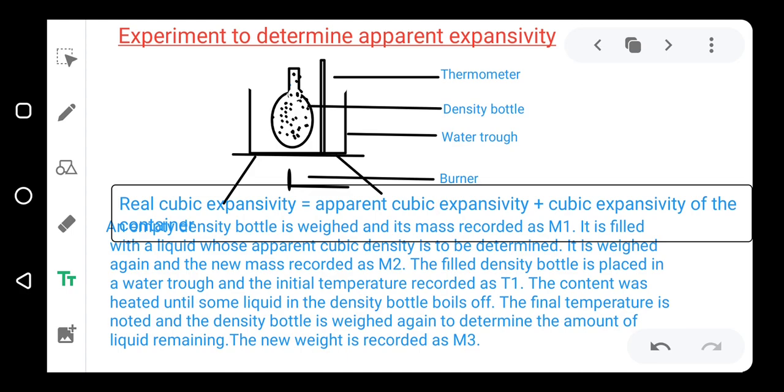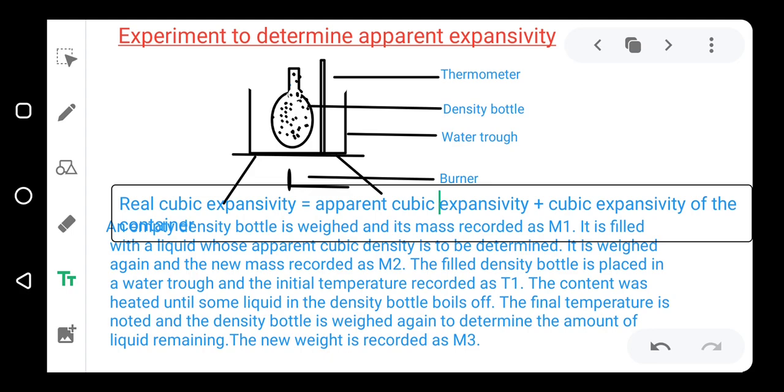Then we put it in a jar of water and start heating it. After heating it for some time, we'll find out that the liquid will possibly evaporate or get lost in some ways. Then when we bring it down, we weigh the density bottle with the liquid again to see the reduction in mass of the container.